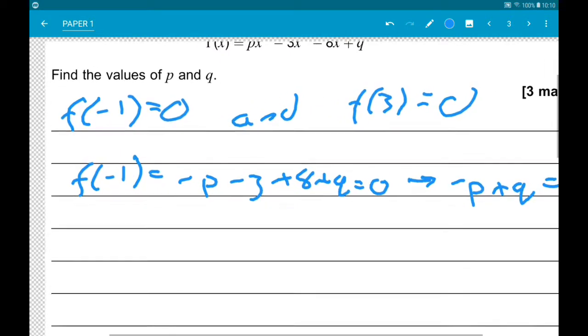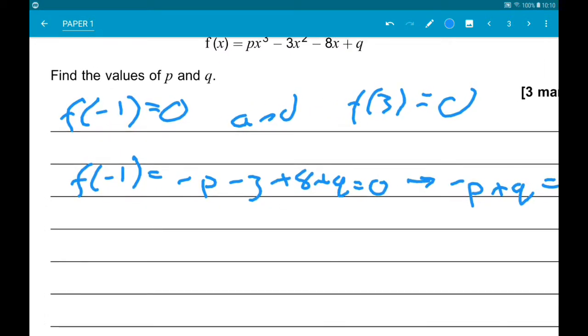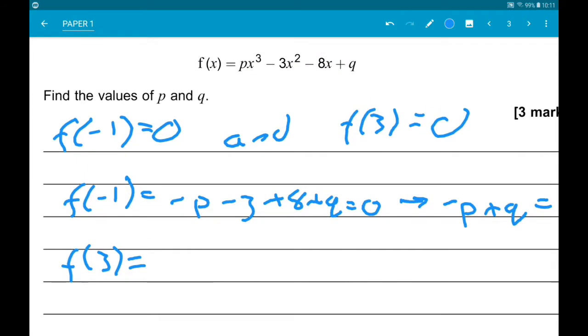Okay, then we're going to find f of 3. So f of 3 is going to be 27p minus 27 minus 24 add q, and again we know that is equal to 0.